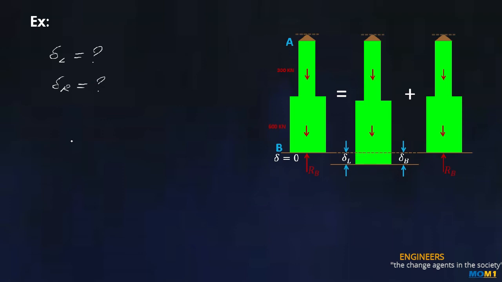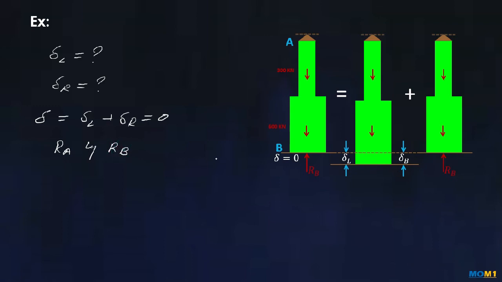The overall deformation we know is going to be the same, so del L plus del R is going to be 0, and from this method we are going to calculate the reactions at A and B using this approach.